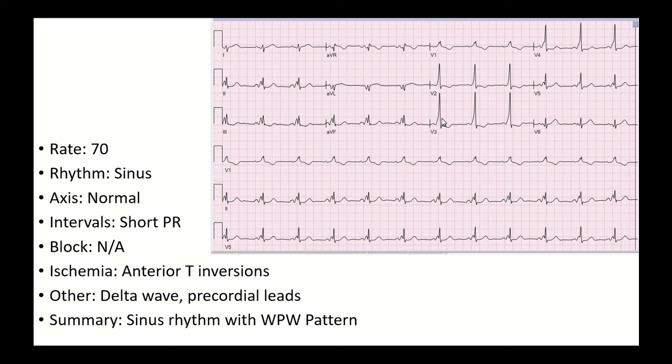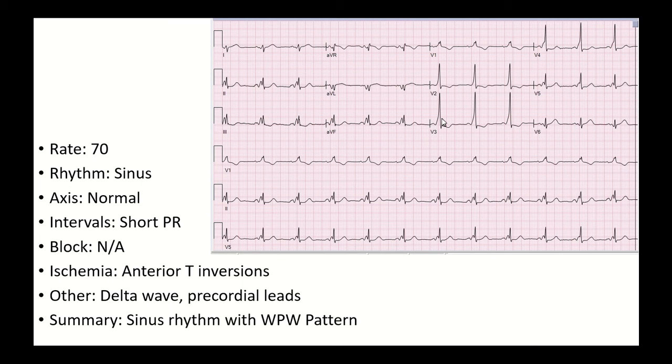So in the end, you may have a clinical syndrome with this, or you may not. If you just have the pattern and you have no symptoms, no palpitations, no tachycardias, then you would just call it Wolff-Parkinson-White pattern. Once you have a clinical manifestation of it, you would call it Wolff-Parkinson-White syndrome.